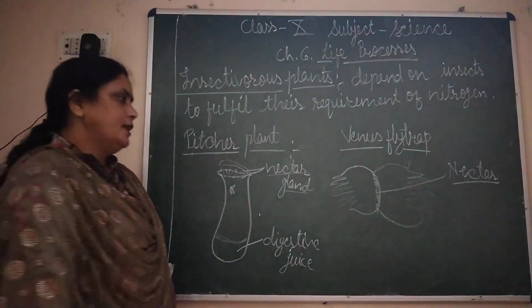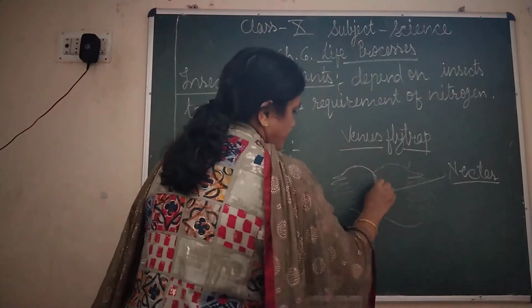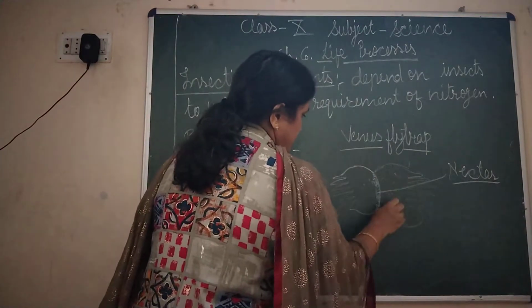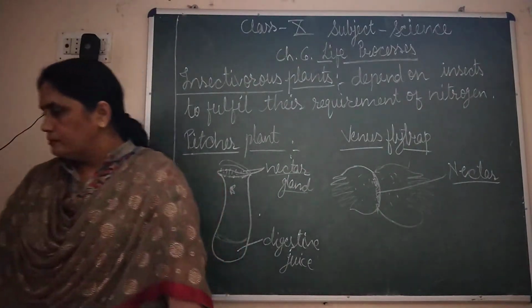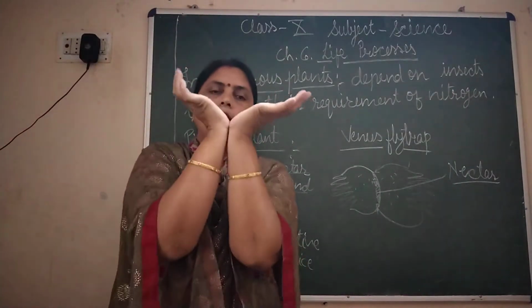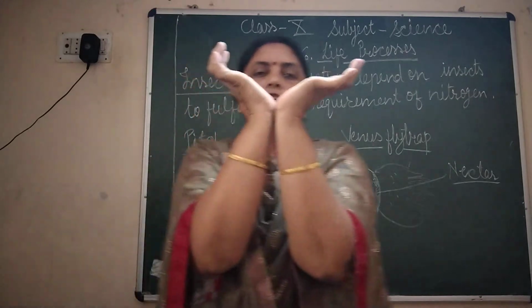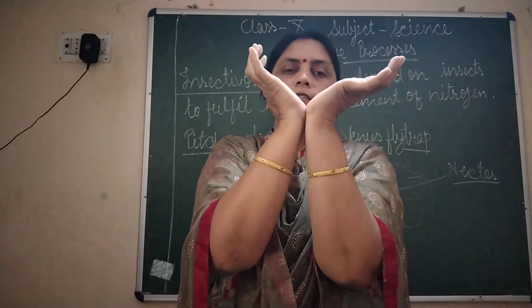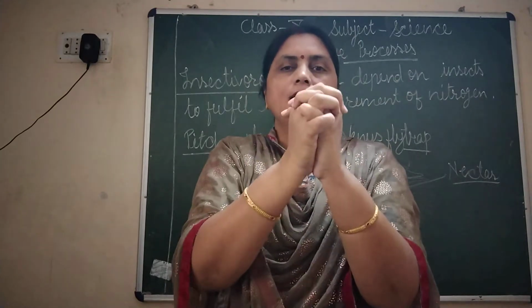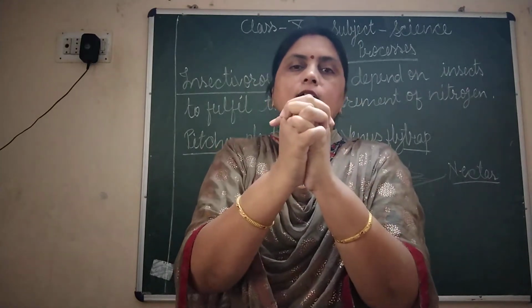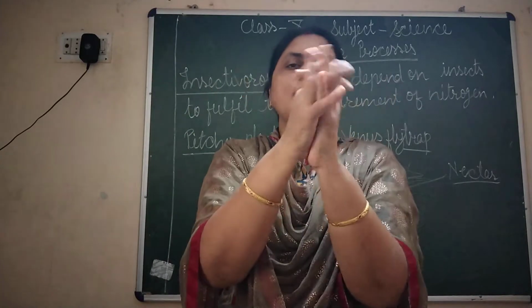So when insects are attracted and sit here in the middle part to suck the nectar, suddenly what happens? Like these are my palms and I join them, and here an insect is sitting. As the insect sits, all the projections are closed.